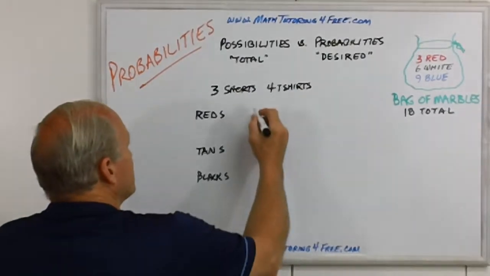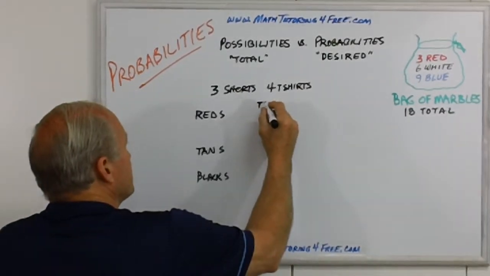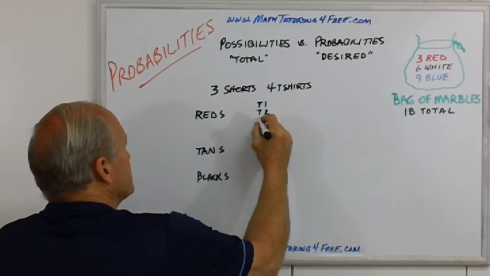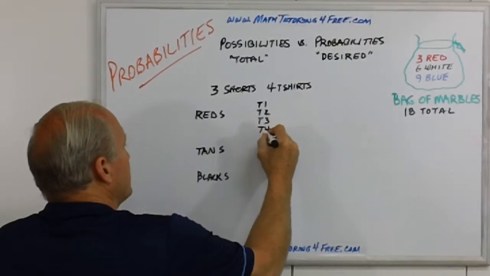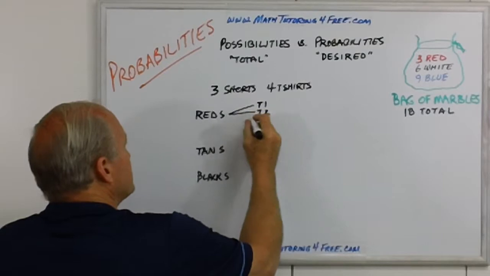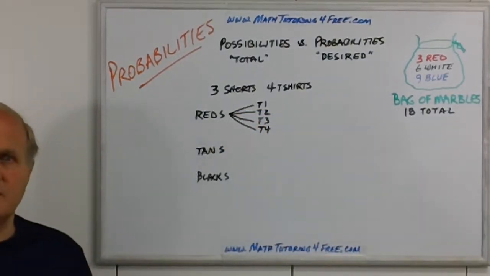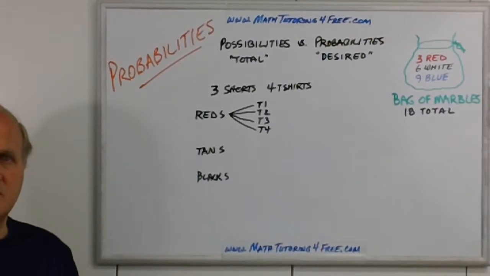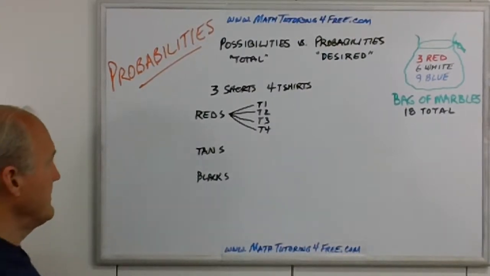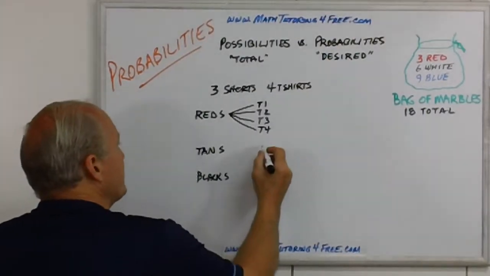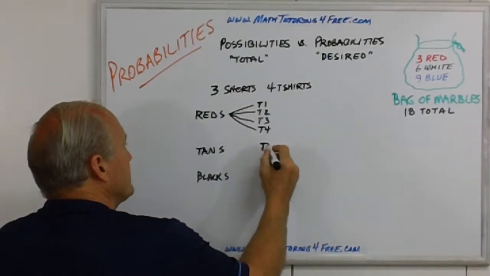So one way of representing that, let's say we've got t-shirt 1, t-shirt 2, t-shirt 3, and t-shirt 4. So with that first pair of shorts, we've got 4 possible combinations, don't we? Well, I hope you can see it's the same for each of the other pairs of shorts.